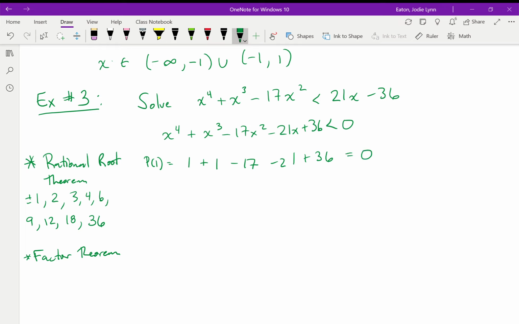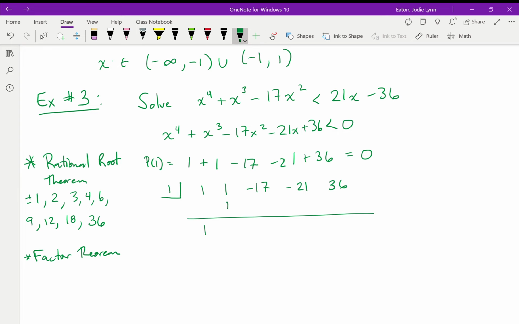So now, I'd rather not be plugging a lot of different roots into a quartic. So I want to figure out if I have a factor of x minus 1, what is left over. So I'm going to do synthetic division, if you recall. We take the coefficients only of our polynomial: 1, 1, minus 17, minus 21, plus 36. The first one comes down. The second one we multiply. 1 times 1 is 1.